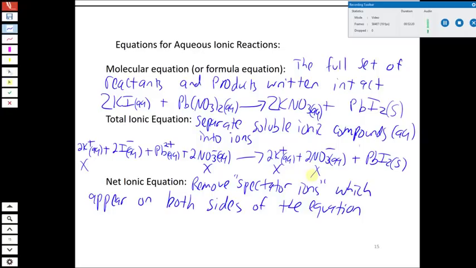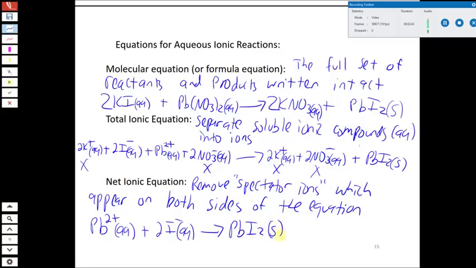So when we write the net ionic equation, we remove the spectator ions and we leave whatever's left. So we have Pb2 plus. Conventionally, we write cations first, so it doesn't necessarily have to be that way, so don't think that there's anything important about me doing it this way. 2 I minuses are left on the reactant side. And then our product is going to be PbI2.